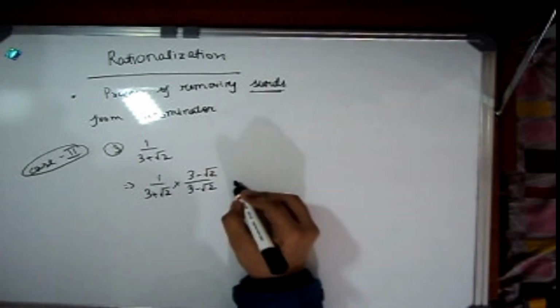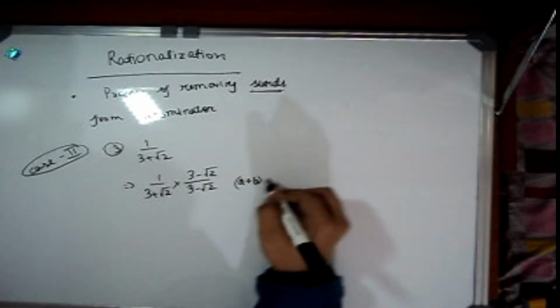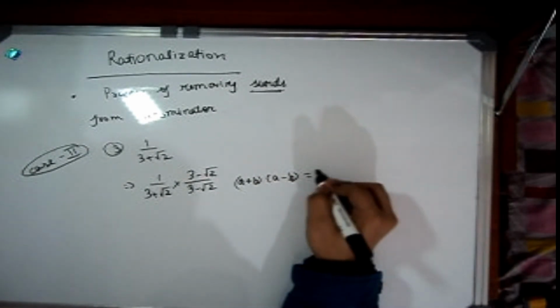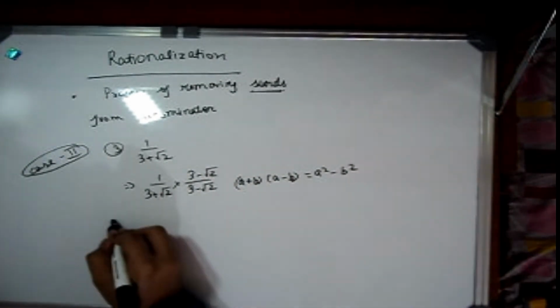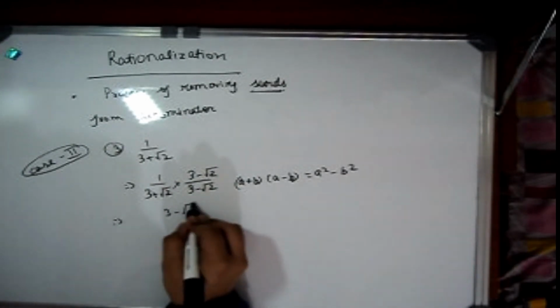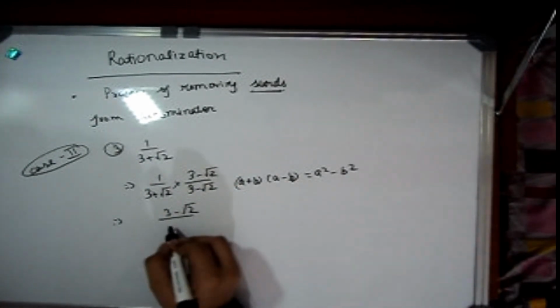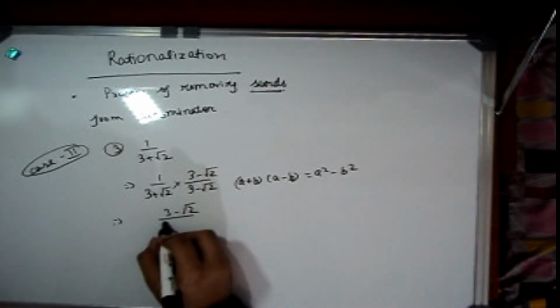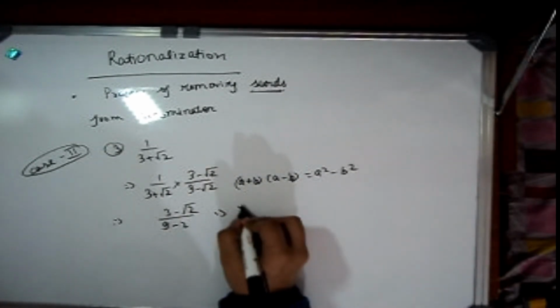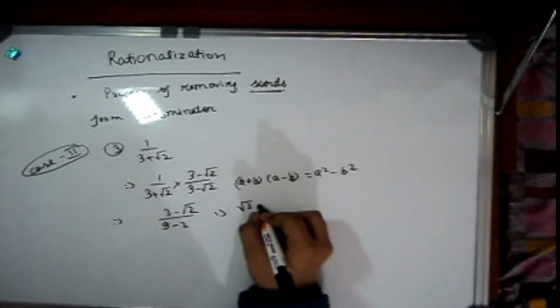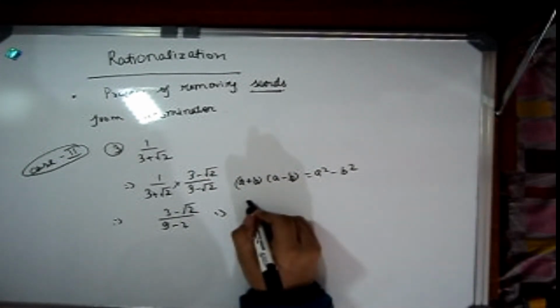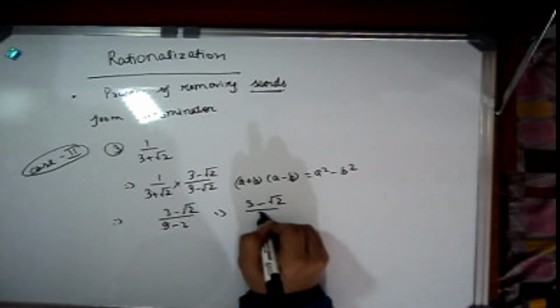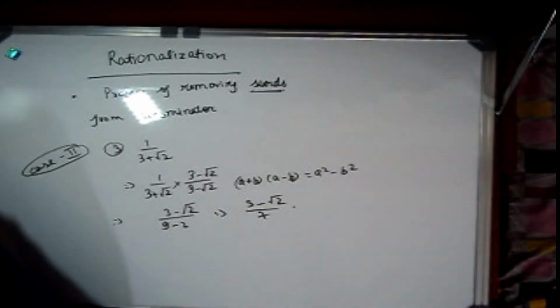We follow the identity (a plus b) into (a minus b) is equal to a square minus b square. So this will result in 3 minus root 2 by 9 minus 2, which is 3 minus root 2 by 7. This is the answer.